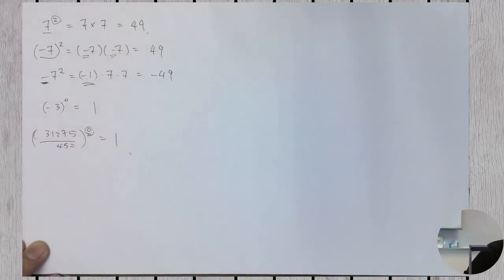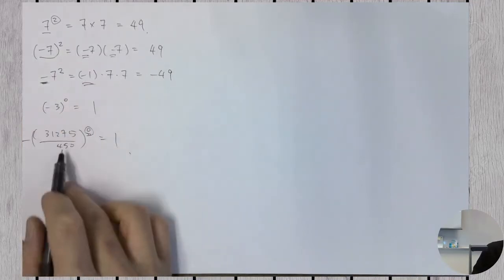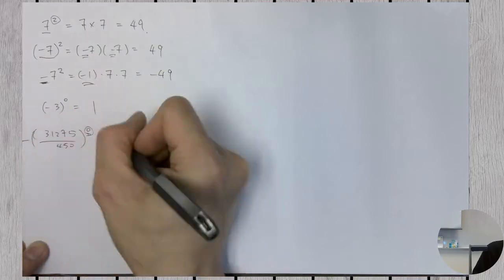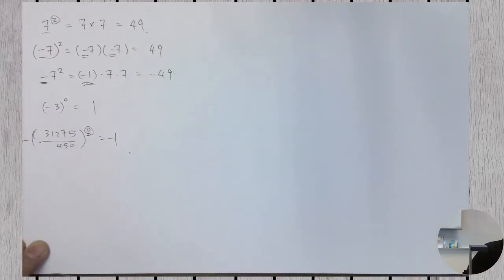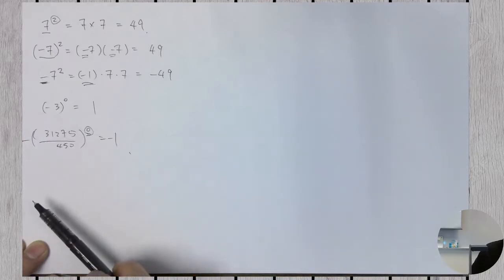It's 1 already. Doesn't matter what it is. However, if you have a negative sign in front of it, that would be times the result by negative 1. And therefore, your answer is going to be negative 1. Okay, all good? Are we good with this?